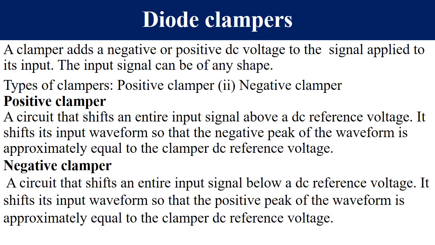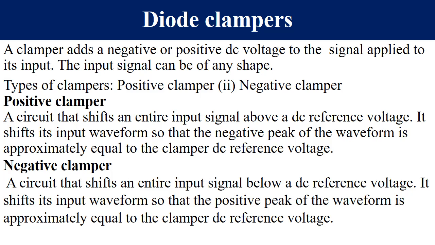Types of clampers. We've got basically 2 types of clampers, a positive clamper and a negative clamper, just as we have 2 polarities, positive and negative. A clamper adds a negative or positive DC voltage to a signal of any shape applied to its input. What does a positive clamper do?